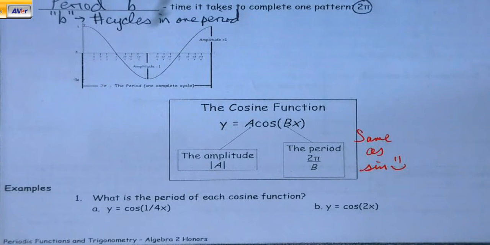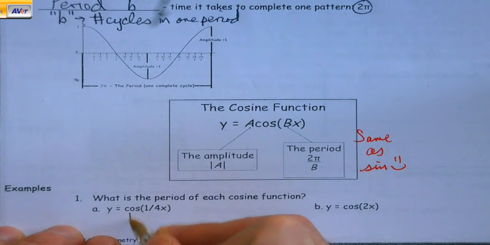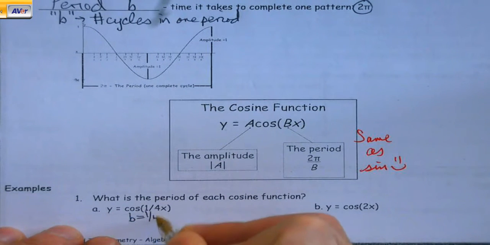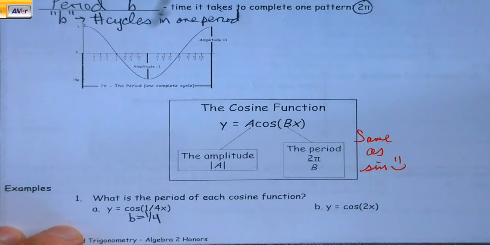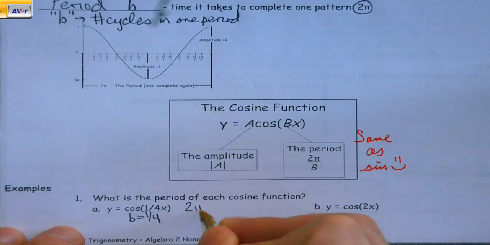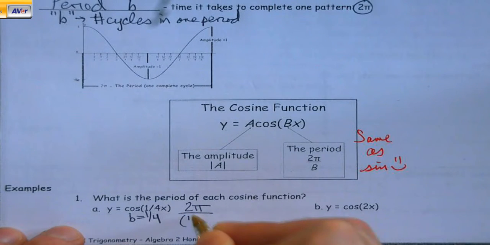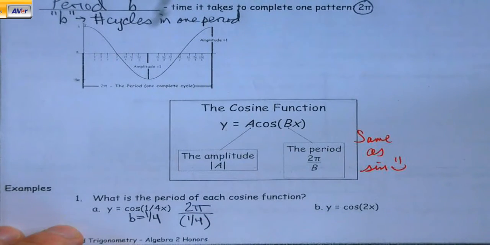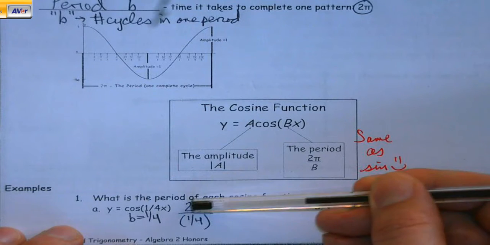So for instance, what is the period of each cosine function? Okay. I find my b value in front. The formula is 2 pi divided by b. Now, if I'm going to go to my calculator to help me on this, I would not put the pi part in.